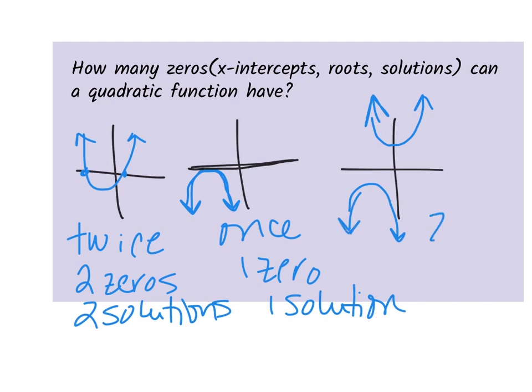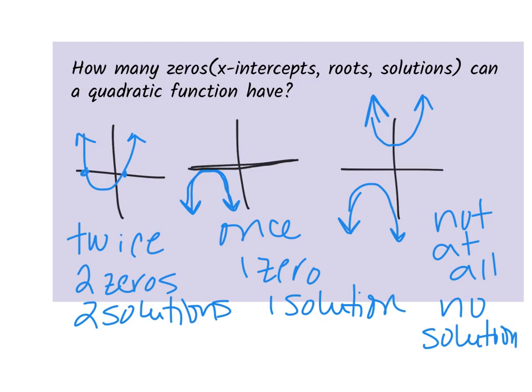So it could cross not at all, and that would have no solutions. I know this idea of no solutions has come up several times this year in Algebra 1. So just know that I could have a quadratic with 1 zero, 2 zeros, or no zeros.